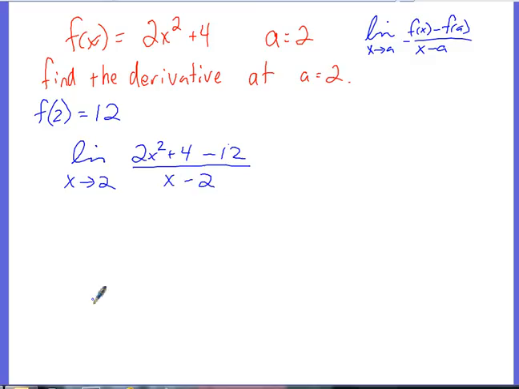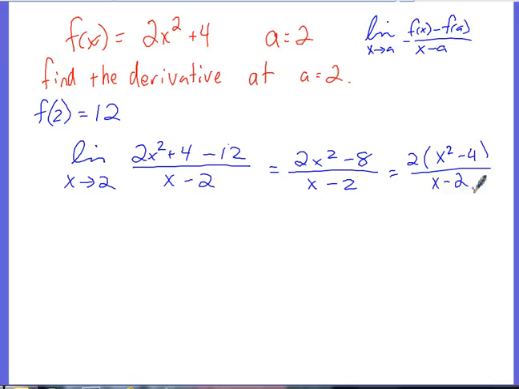At this point, I can't plug in, right? So then, can I simplify the top? 2x squared minus 8 over x minus 2. Can I simplify the top even more? I can factor out a 2. If I take out a 2, I'm left with x squared minus 4 over x minus 2. Still can't plug in, right? But again, I can factor the x squared minus 4. So do you guys see that these are your special factors, right?